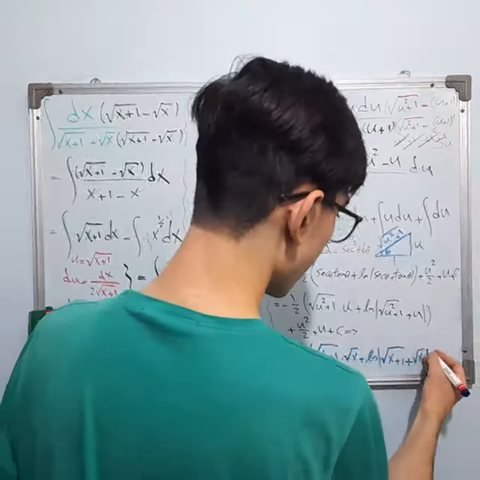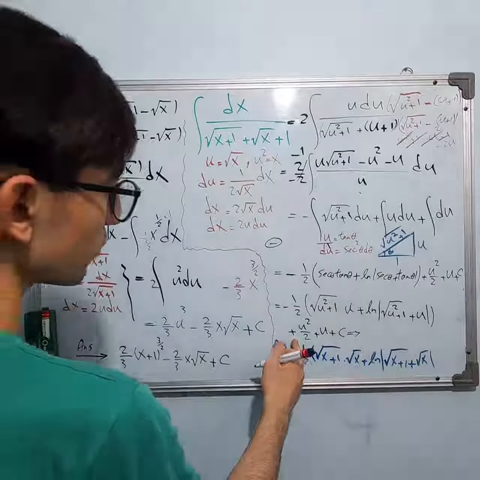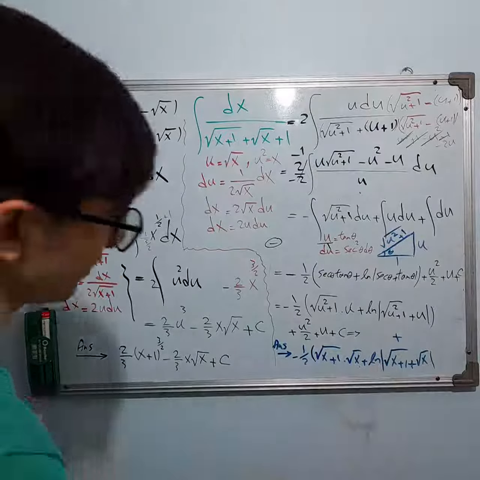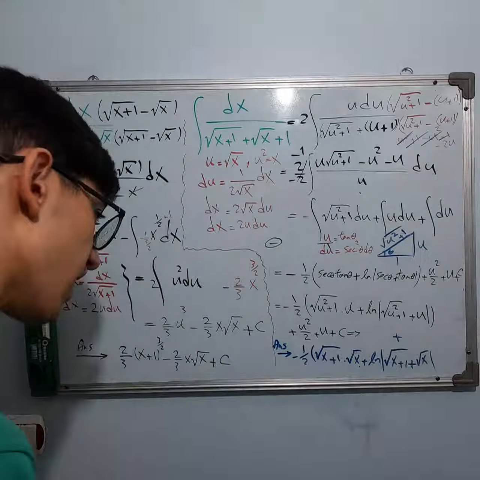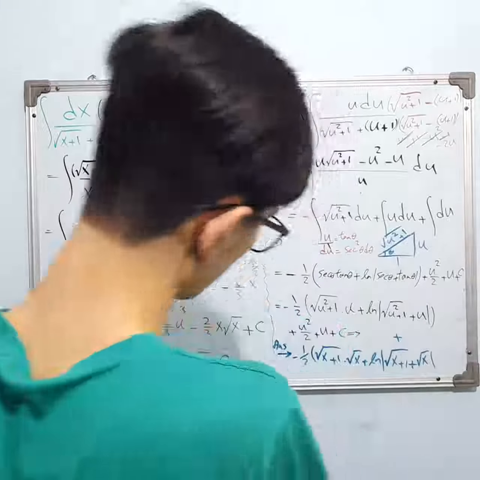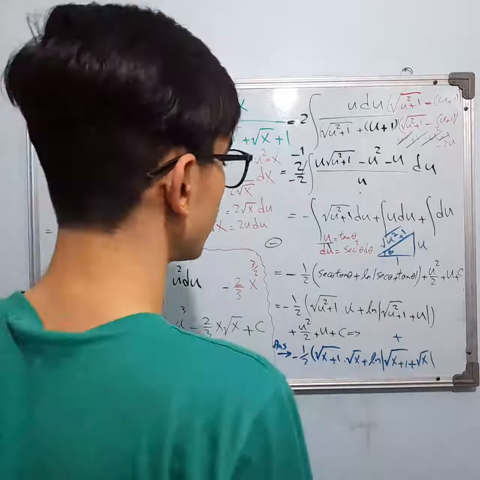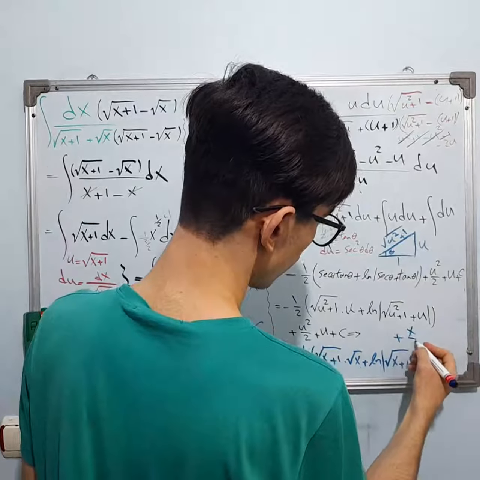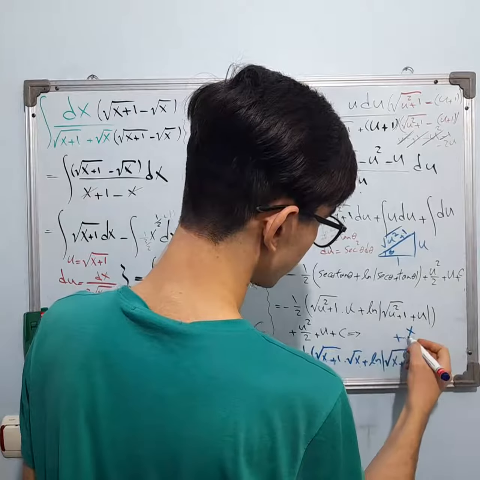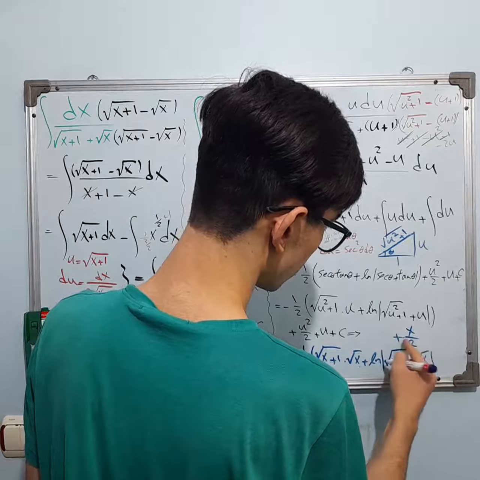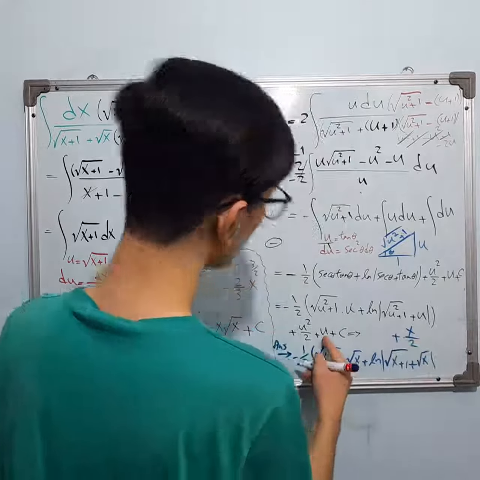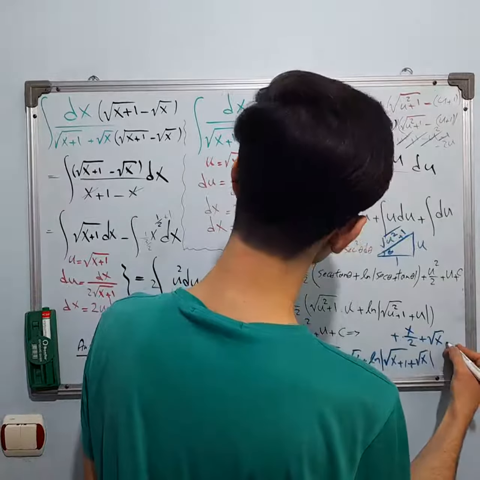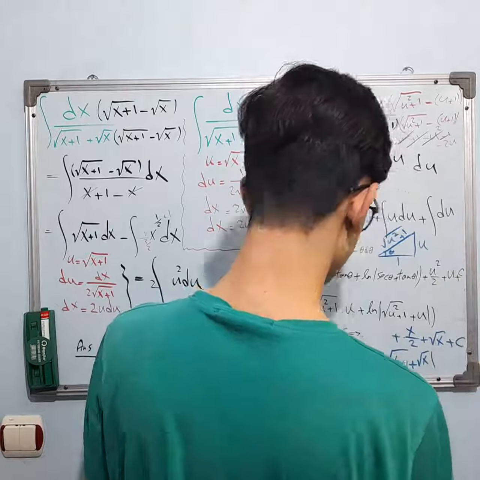Okay, and now plus u squared. I write it here, guys. I'm sorry for the lack of space. I will do something for it. Don't worry. Okay, u squared is x over 2, and the original u is the square root of x, finally plus c.